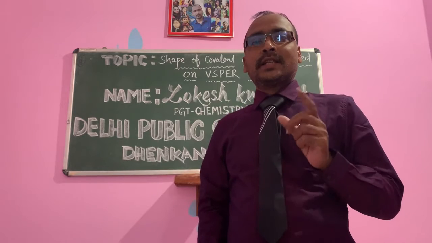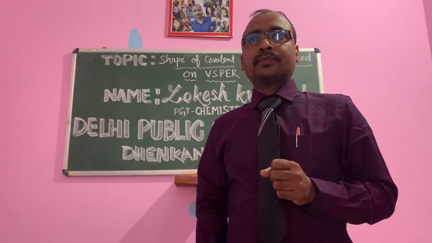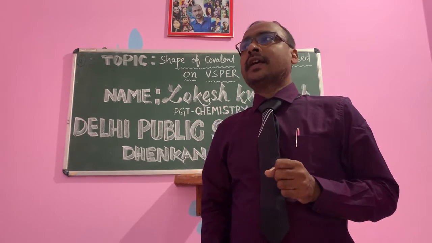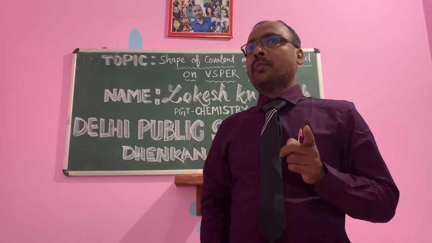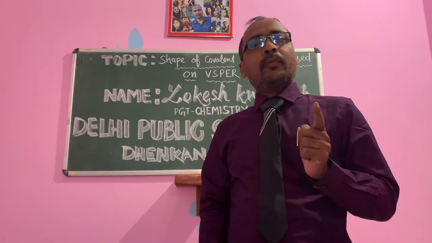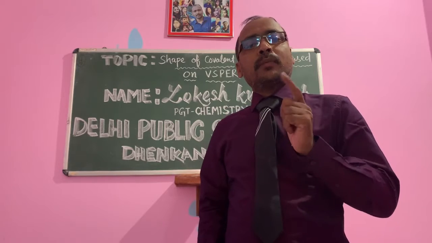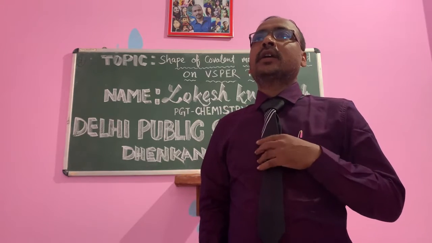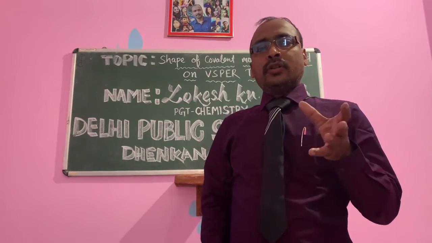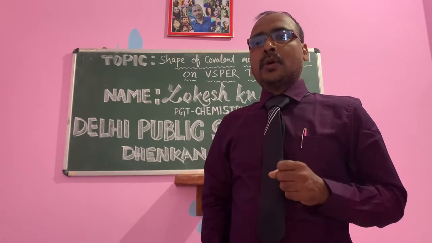That is, maximum bond distance and minimum repulsion. And second, lone pair-lone pair repulsion is more than lone pair-bond pair repulsion, which is more than bond pair-bond pair repulsion. Okay, so these are the two. Based on these two postulates, we will discuss the shape of molecules.